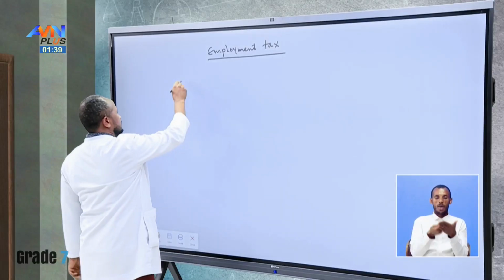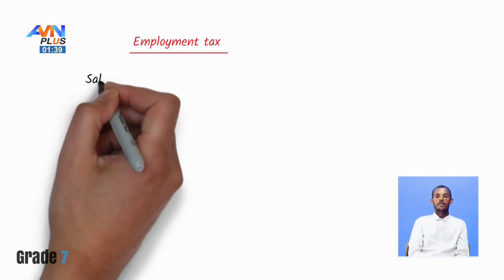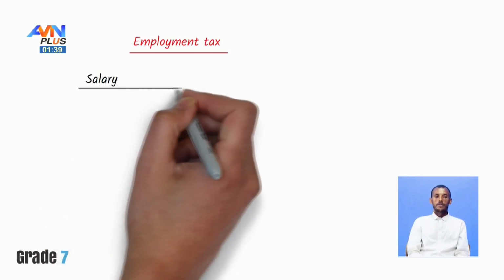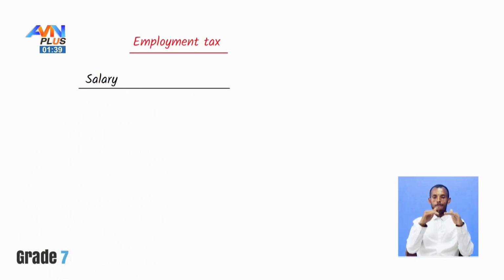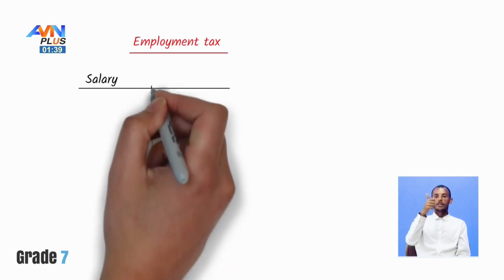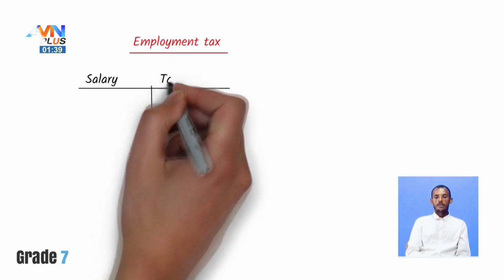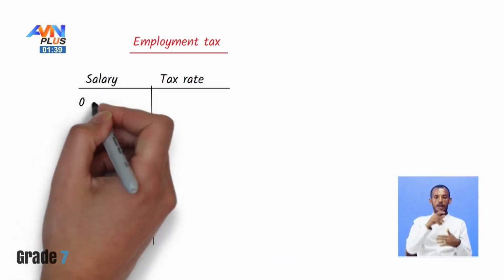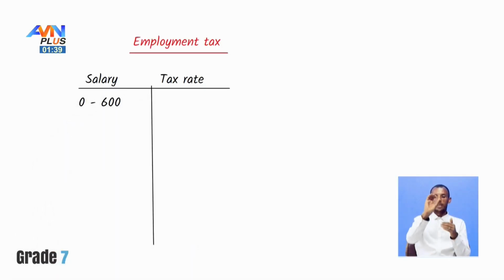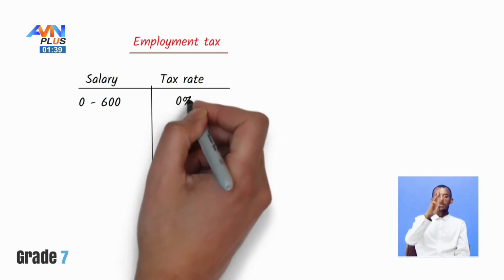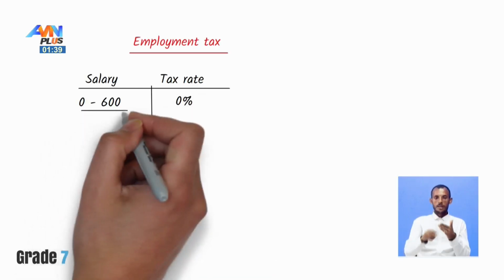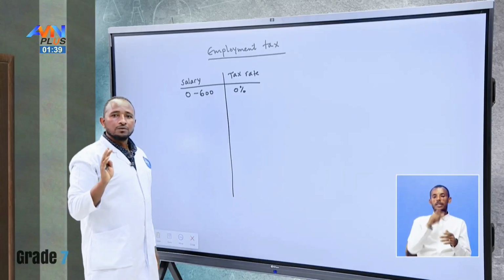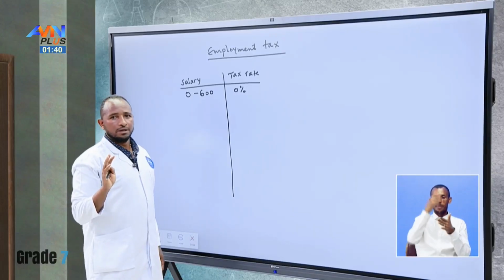Here, for this salary range, you have a tax rate. So, for a salary ranging from 0 to 600, the tax rate is 0%. For this interval of salary, no tax is paid.